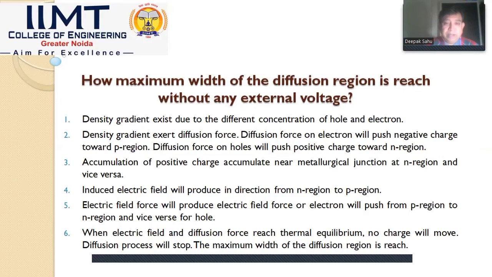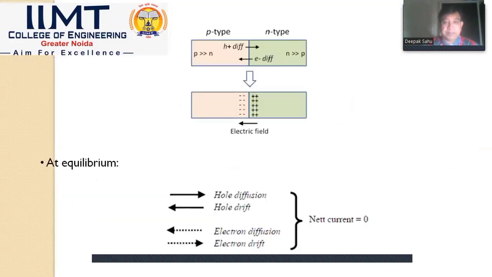Now, the primary factors, as we jotted down here one by one, are: density gradient diffusion, accumulation of excess charges, and the electric field formed inside the depletion width. As a result of this combination, this whole thing works.